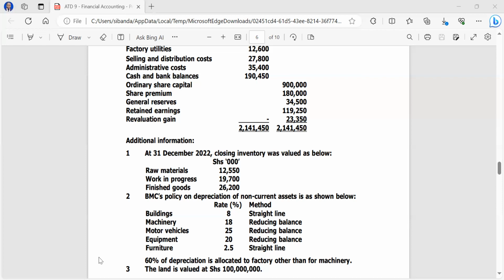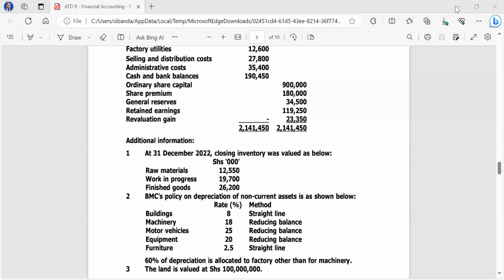So remember we already had 900,000. We just try to show this.